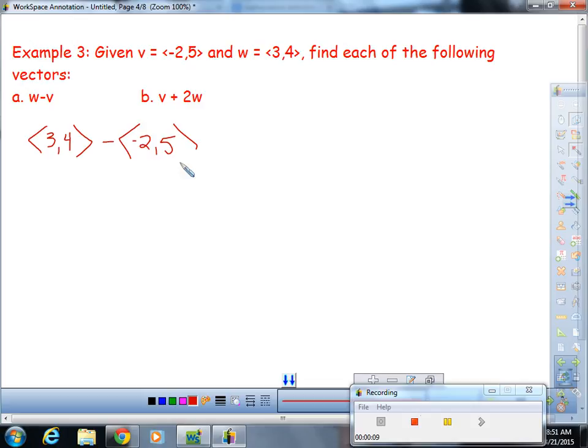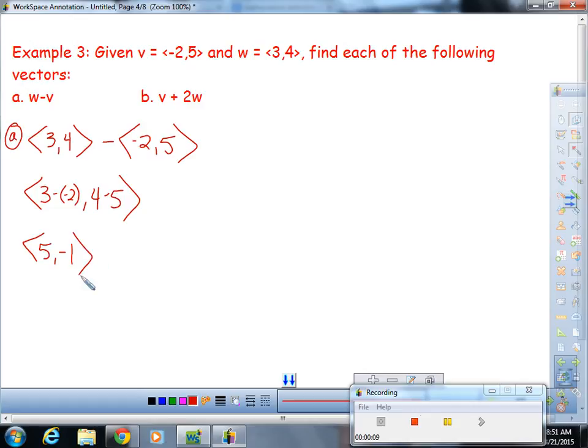We just subtract the common components. So we could also write this as 3 minus negative 2, comma, 4 minus 5. So the solution will be <5, -1>.